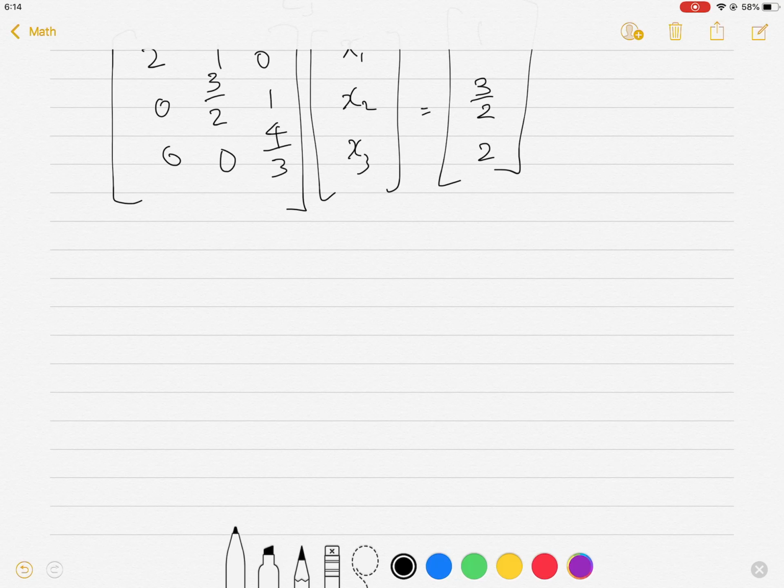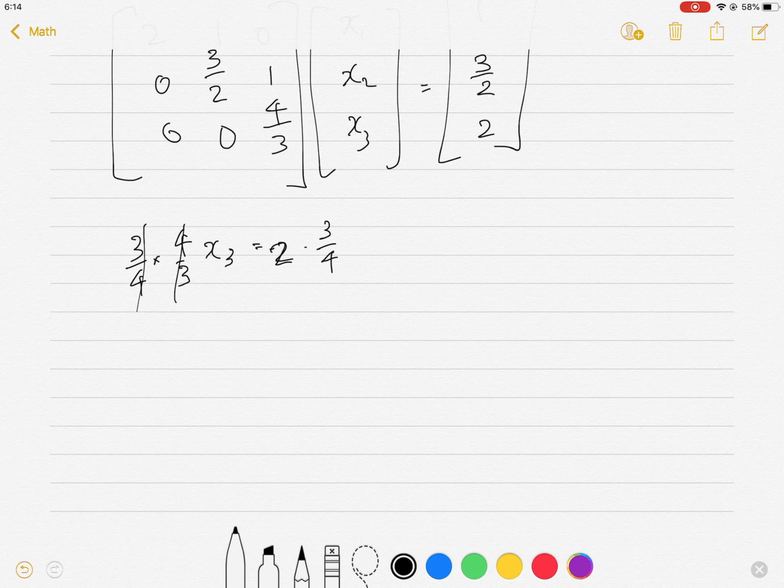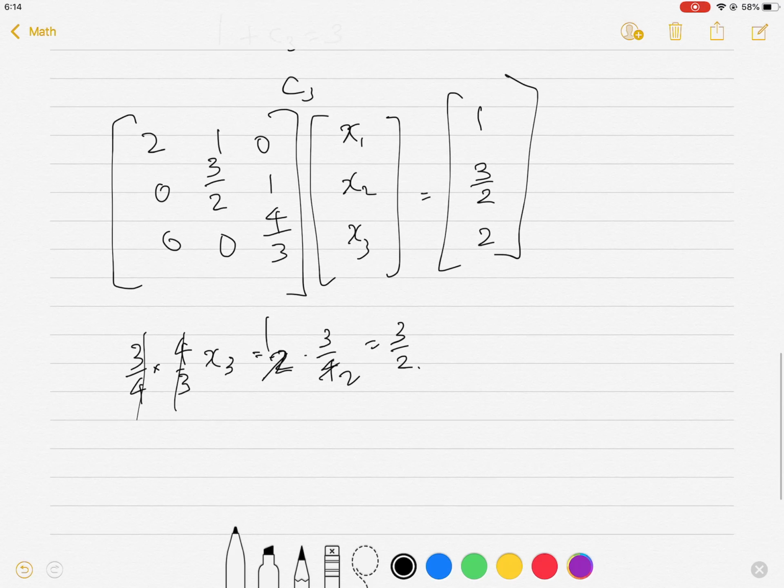X3 is easiest to figure out, so we'll go from the bottom up. So 4/3 x3 equals 2. We multiply both sides by 3/4. That cancels out, and we get 3/2.